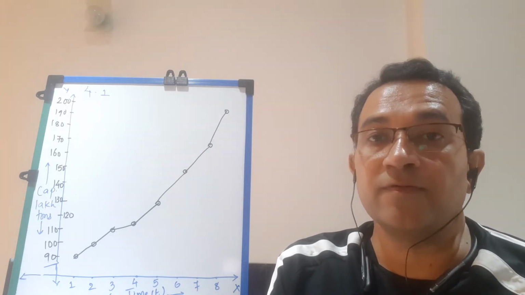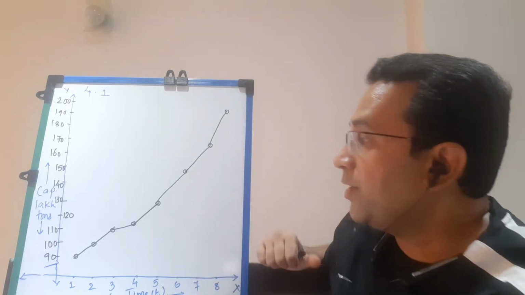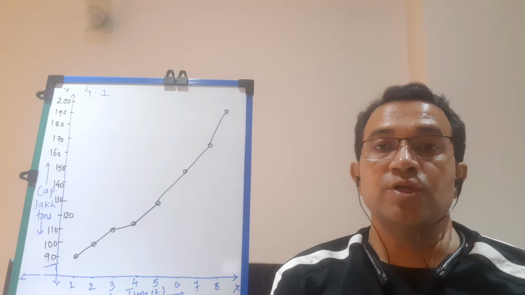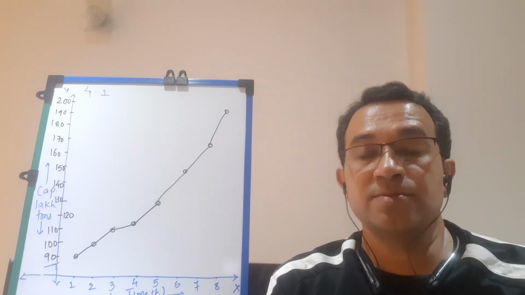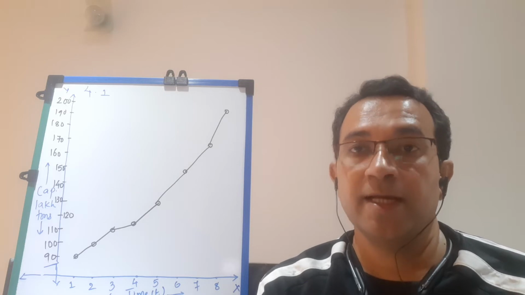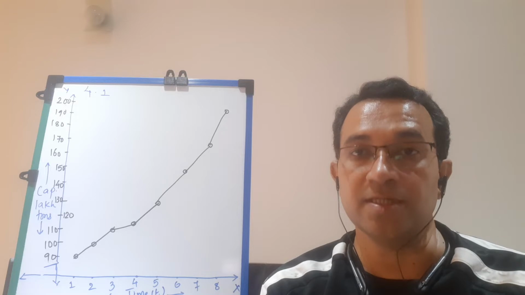Now check what was the short note. We join all the points in order by line segments, and whatever graph we get, that is the graph of original series.